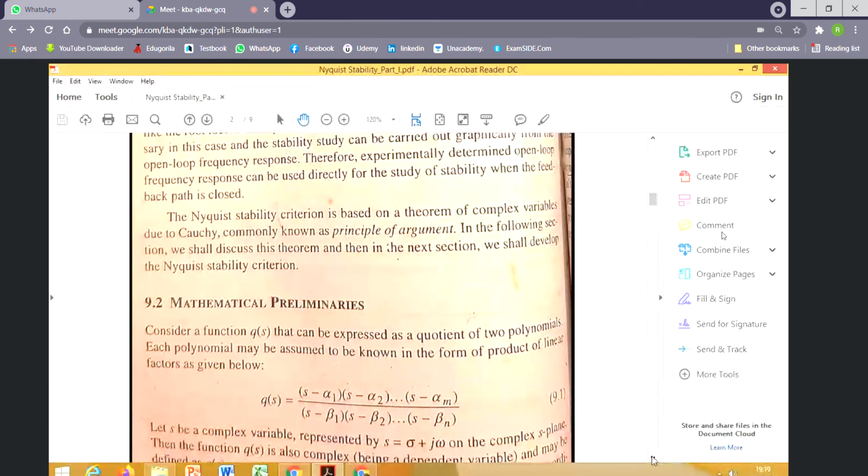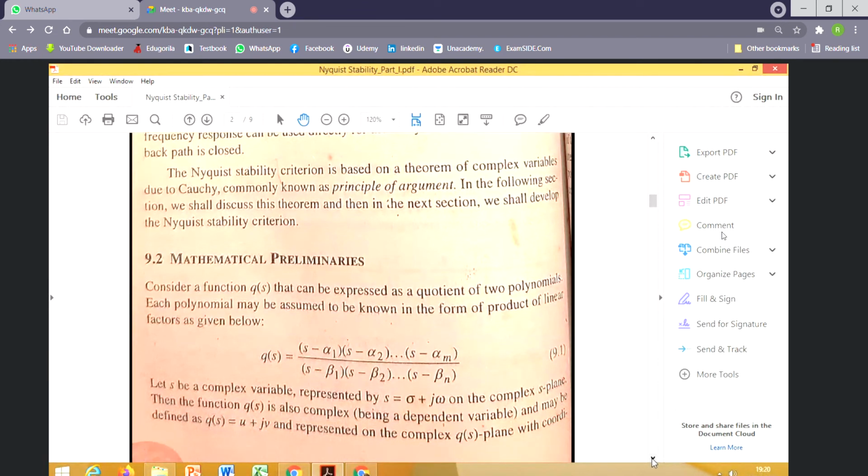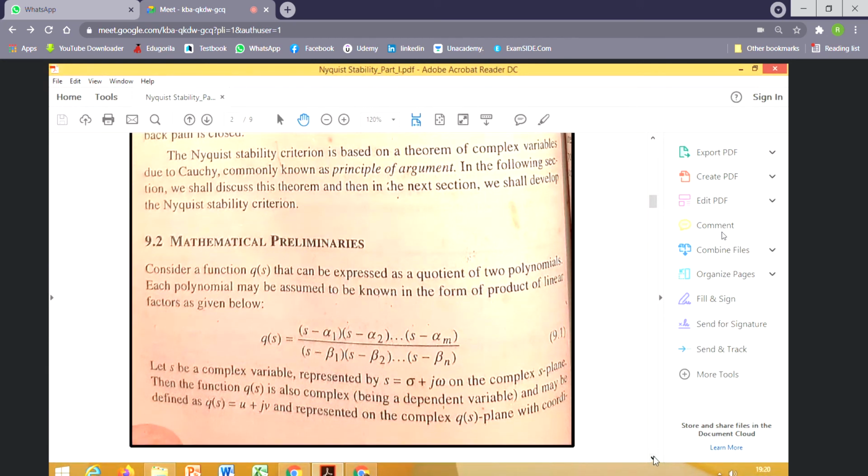Right? Now, the Nyquist stability criterion is based on a theorem of complex variable, proposed by Cauchy, and the theorem is known as the principle of argument. Yes, principle of argument.